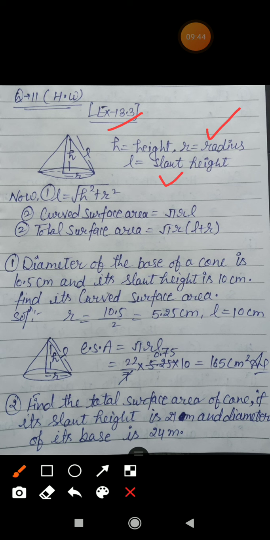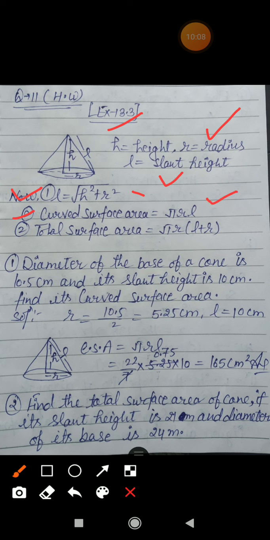So what is the formula for finding the slant height? This is the formula, and also this is the relation between the height, radius and slant height in the cone: L is equal to under root h square plus r square. When you have to find the curved surface area of a cone, you use the formula pi r l.